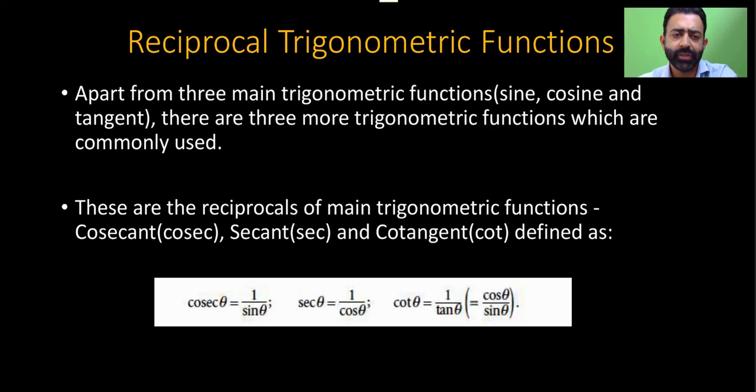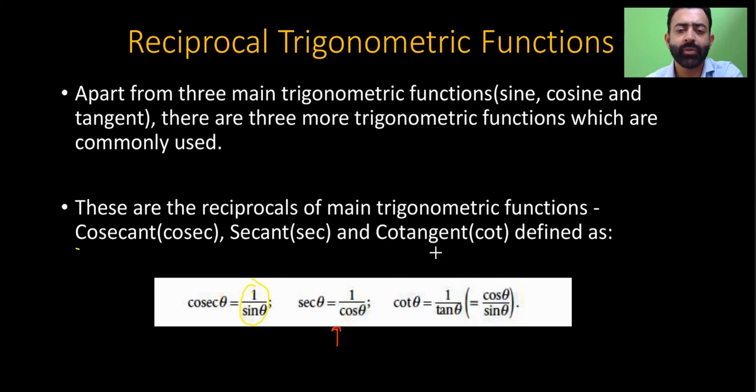These are called basically reciprocal trigonometric functions. Apart from three main trigonometric functions, sine, cosine and tangent, there are three more trigonometric functions which are commonly used. These are the reciprocals of main trigonometric functions. So we have a cosecant function, cosec, which is nothing but a reciprocal of sine theta. Then we have secant, in short sec, which is the reciprocal of cos theta.